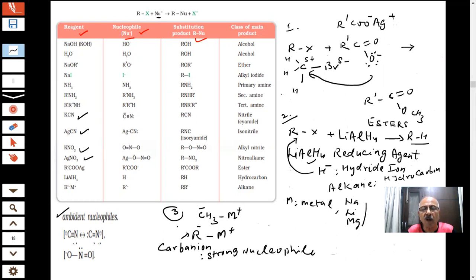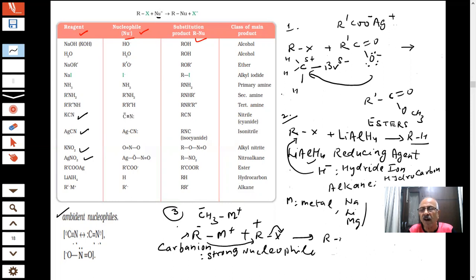What will happen if it reacts with an alkyl halide? What will be the product? This R minus is going to attack this carbon, and this group is going to leave.